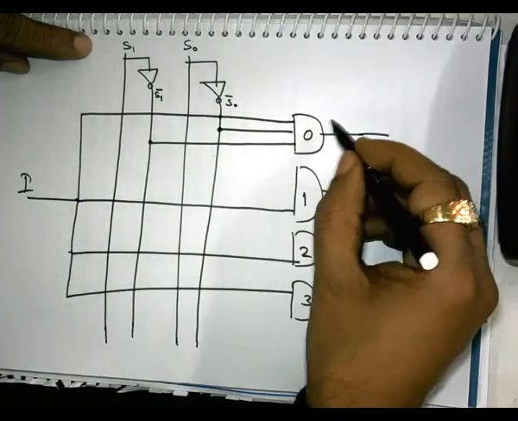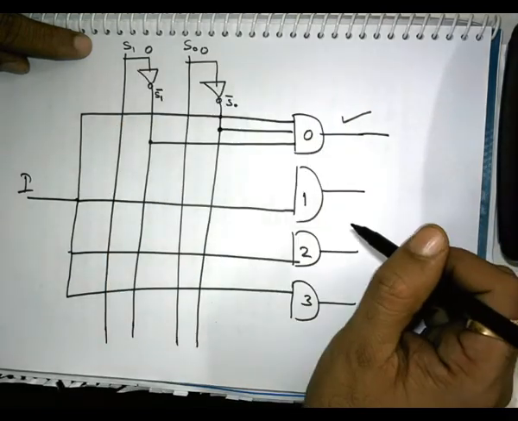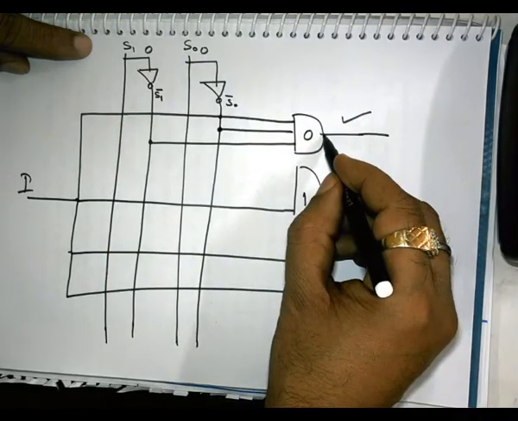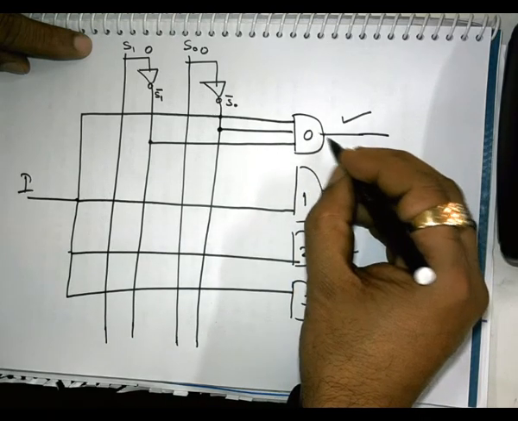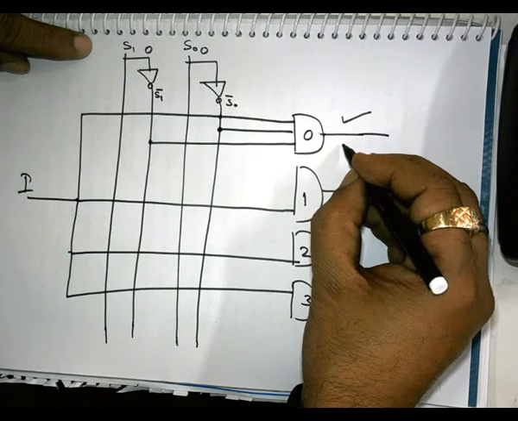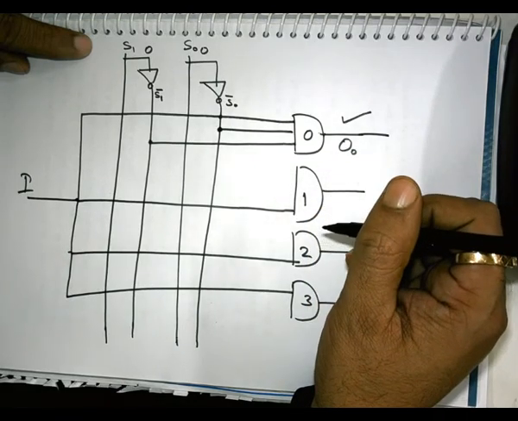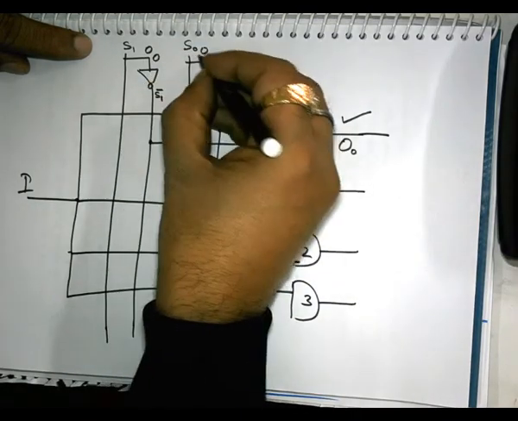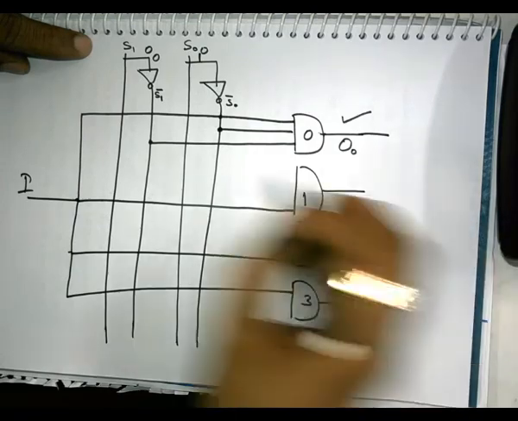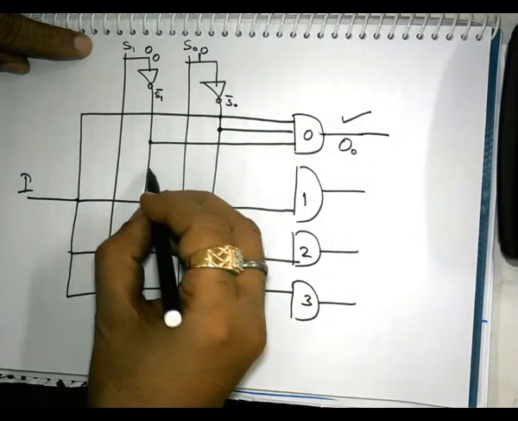Now, from which line does this input appear if 0, 0 is asserted over here? It appears at the output of gate number 0, which you can say is O0, output line number 0. Then suppose 0, 1 is asserted over here, then we have to make the proper connection for this.